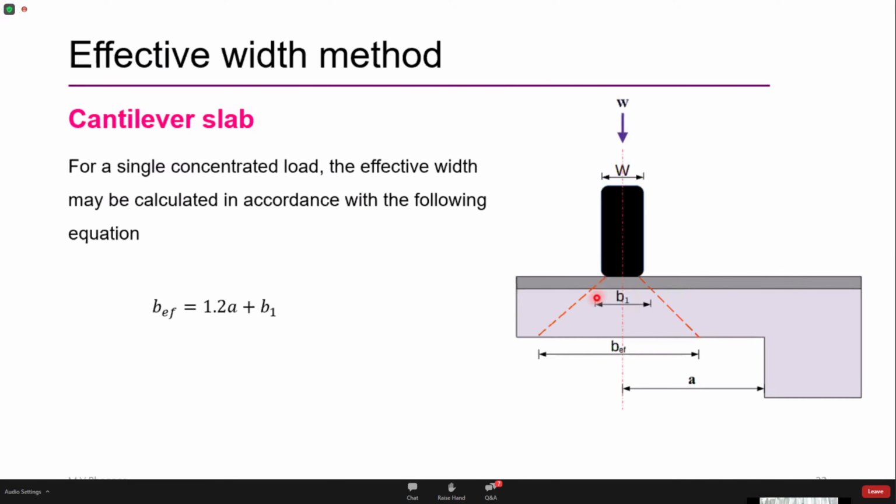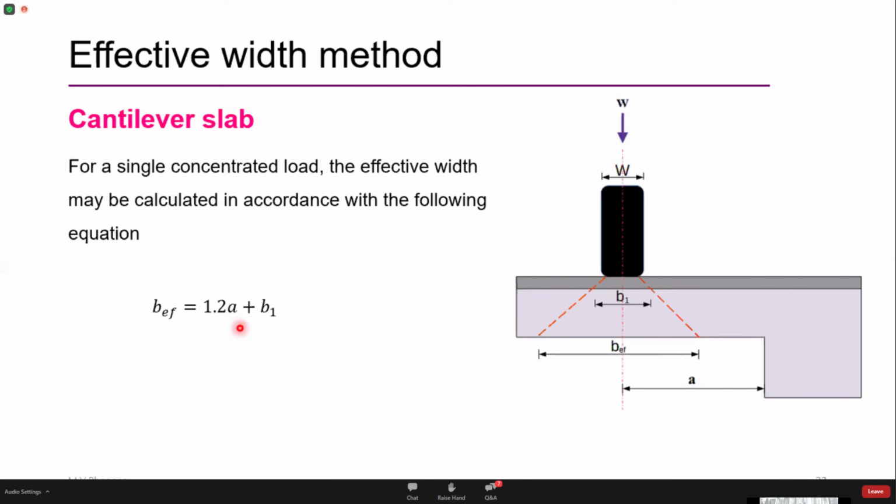The dispersion that happens through the wearing coat, or we can say the contact length of the wheel on the deck slab, is given as B1, and the dispersion of the load through the thickness of the slab is called B effective, and the distance of the CG of the load from the nearest support is given as a. So these are the parameters that are required to be inputted into this expression to get the effective length of the load that is acting on this slab.